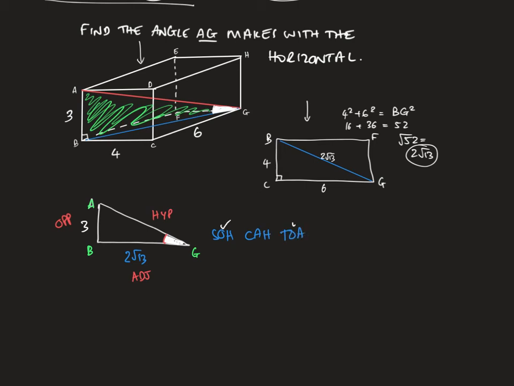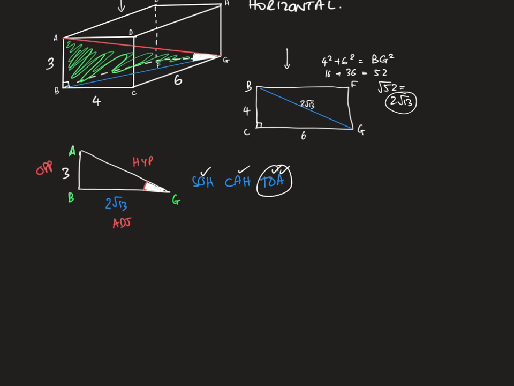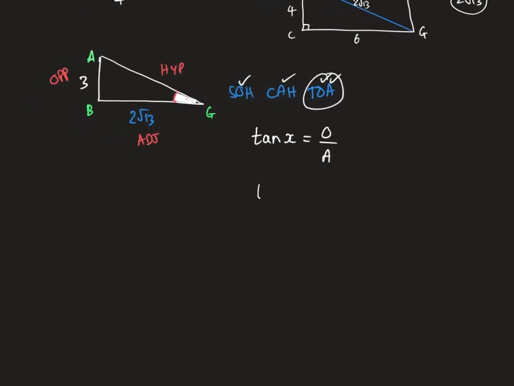We know our opposite, and we know our adjacent, so we're going to be using TOA, and TOA stands for tan of the angle is equal to our opposite over our adjacent. So tan of the angle, which we don't know, this is the one we're looking for, x, is equal to our opposite, which is 3, over our adjacent, which is 2 root 13.